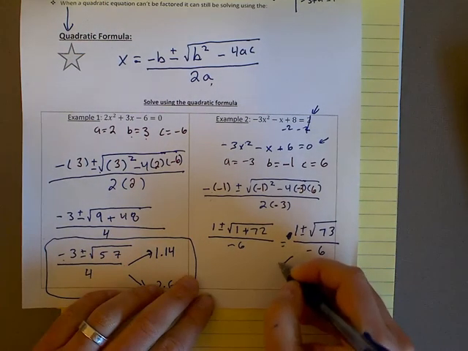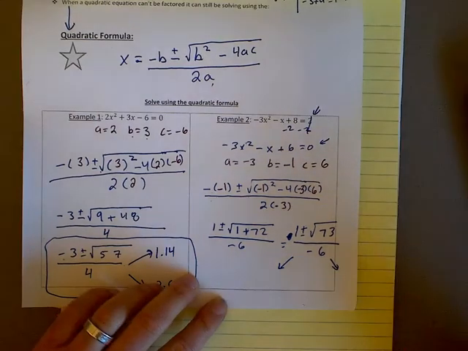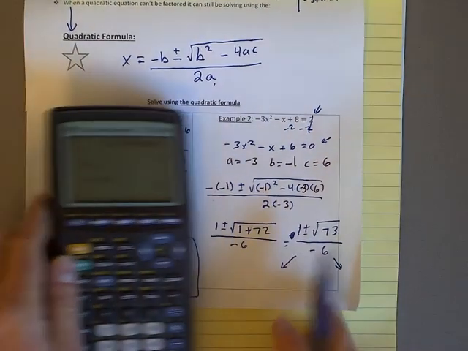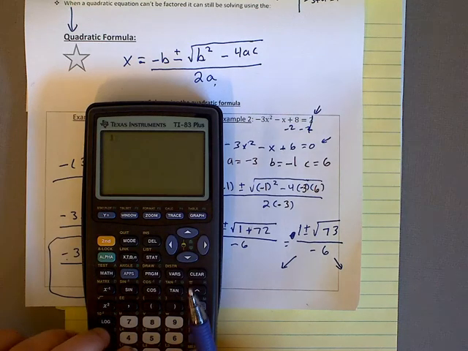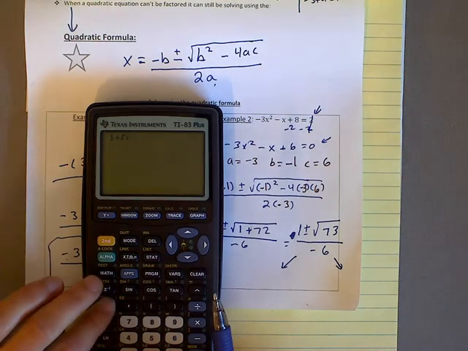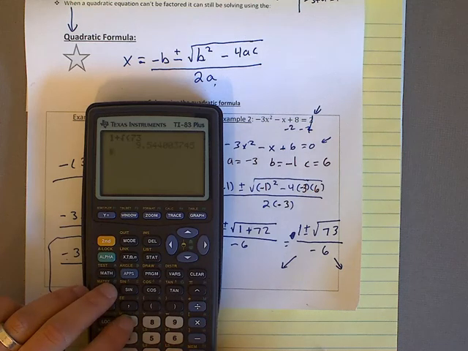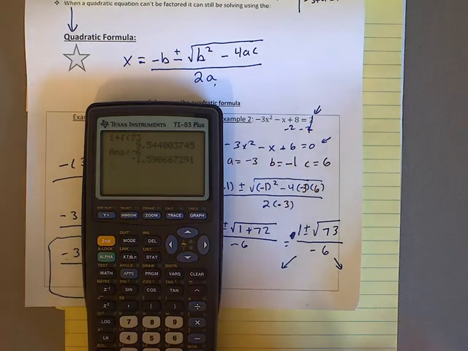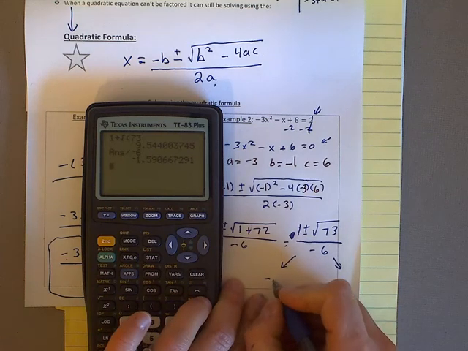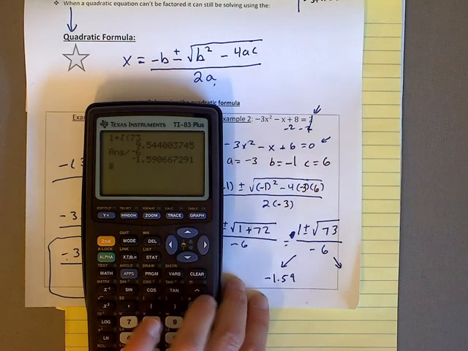So let's break it up into 2 parts. In the first part, let's clear my calculator, so we're going to go 1 plus square root of 73, enter, and then divide that answer by -6. So one of my solutions is going to be -1.59.